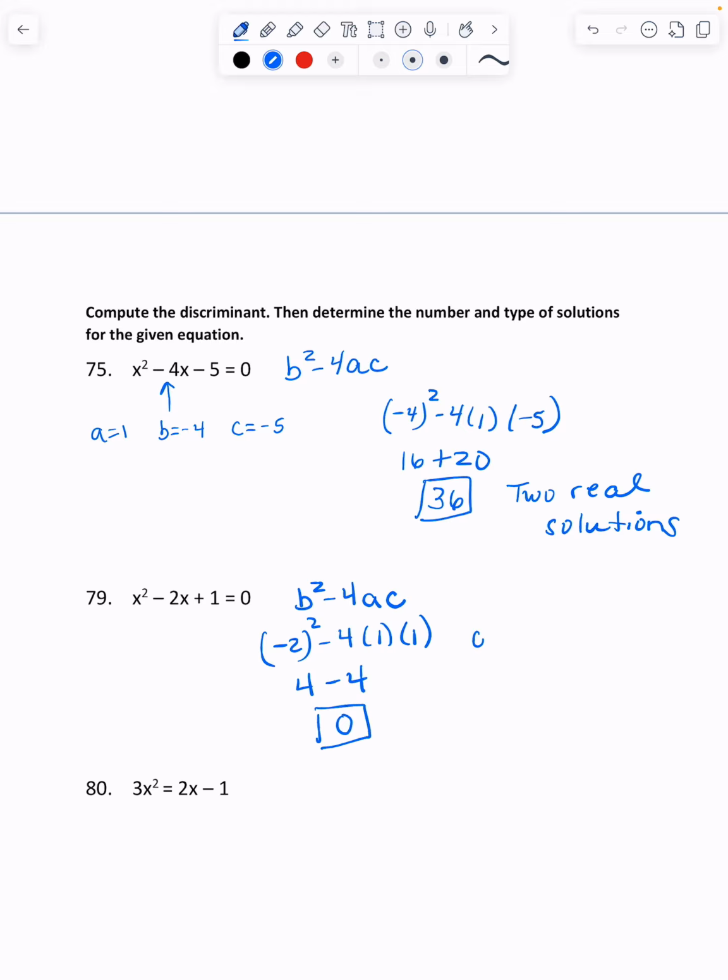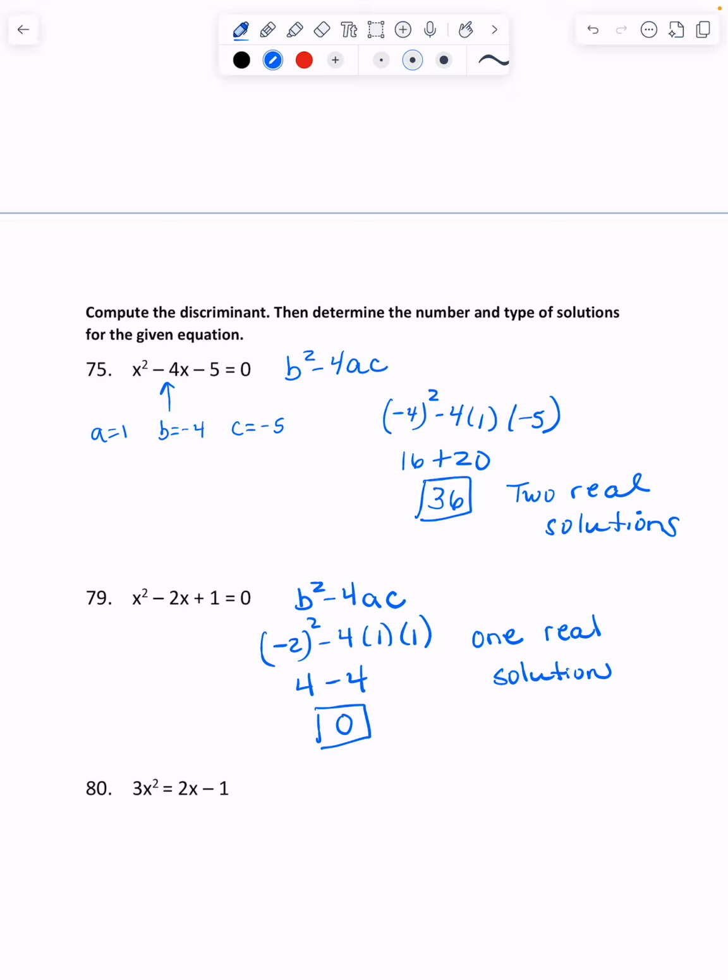So if my discriminant equals 0, my answer has one real solution. And we know that that real solution is a repeated solution, like we saw in the previous example. If x was 3, really we got x equals 3 and x equals 3, but one real solution. It's going to cross the x-axis at one intercept. That's going to be my one solution.